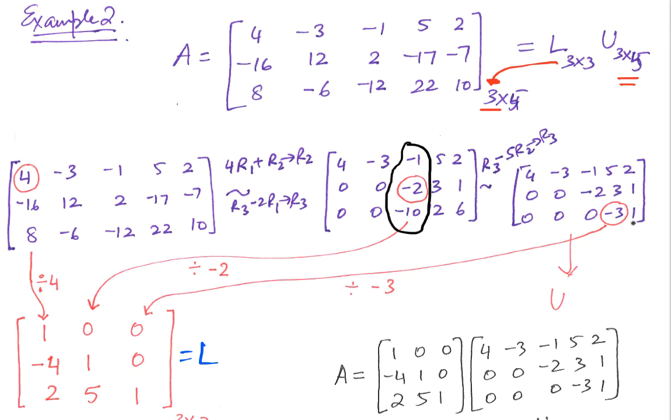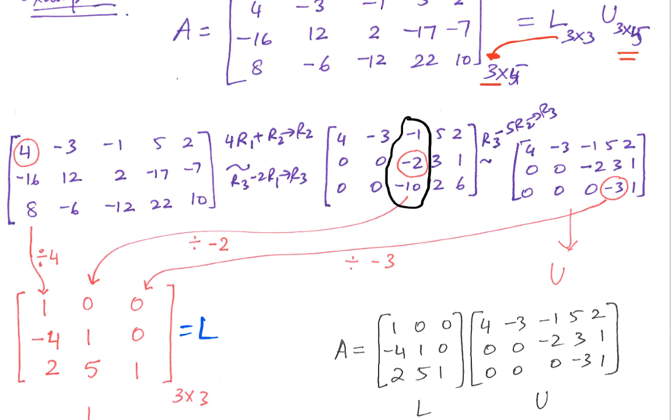So this is the upper triangular matrix. We can't go ahead and do anything beyond it. And automatically this will be 1. So here is our LU factorization of the original matrix. Okay, let's go ahead and do one more example.